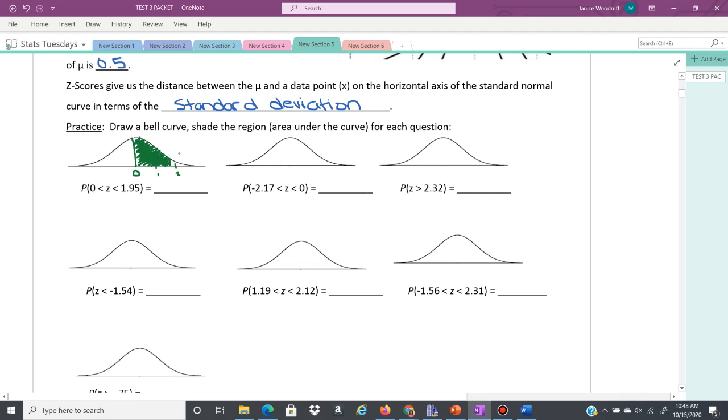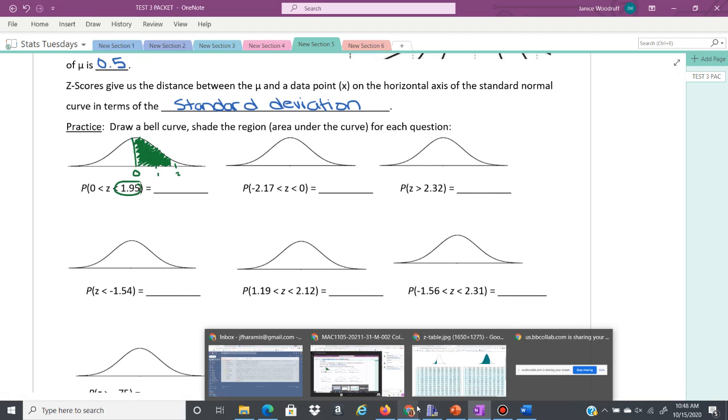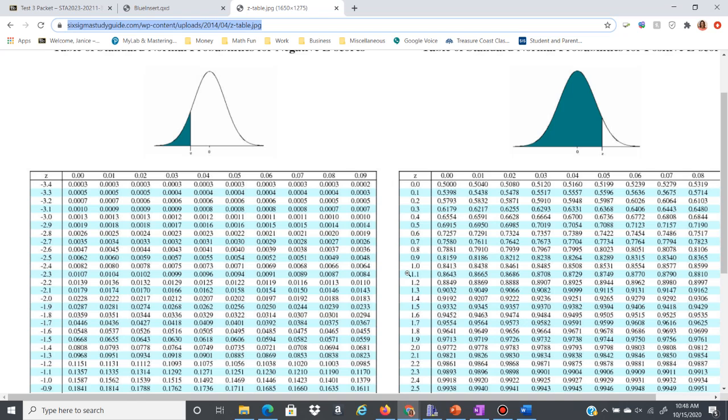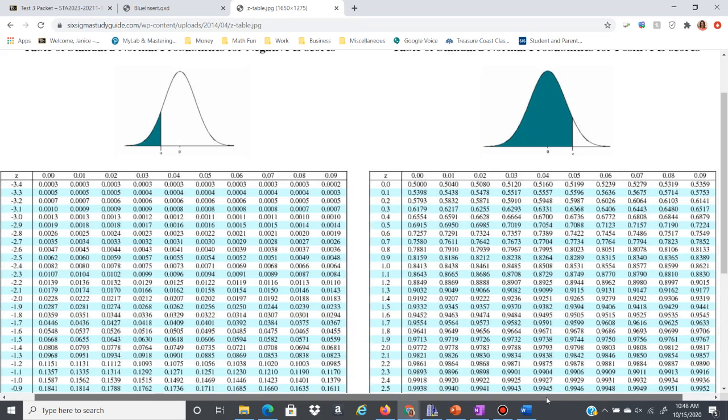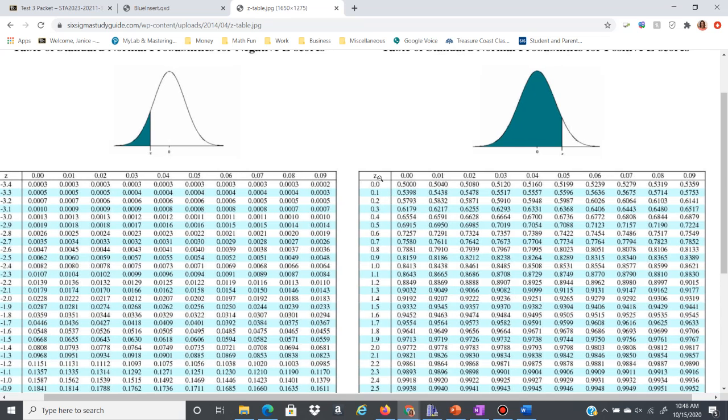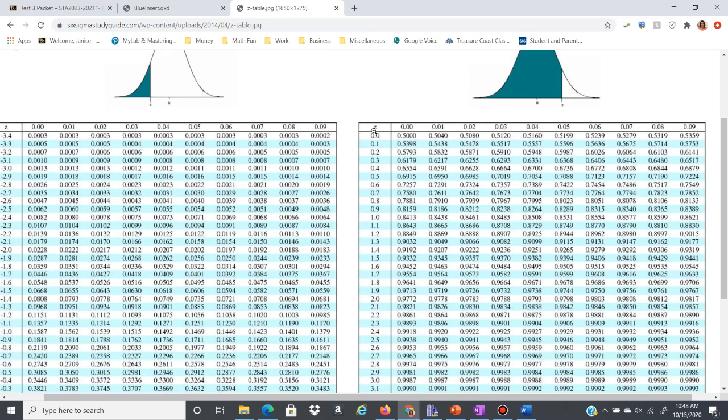To find that, you're going to go to your z-score of 1.95 on your chart. We're going to go to our z-table and find 1.95. You go to the chart on the right, and first go to your vertical column and find 1.9.